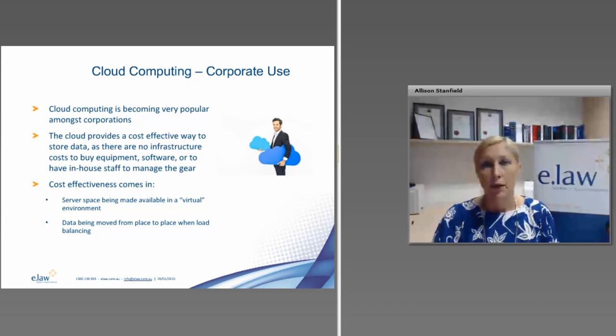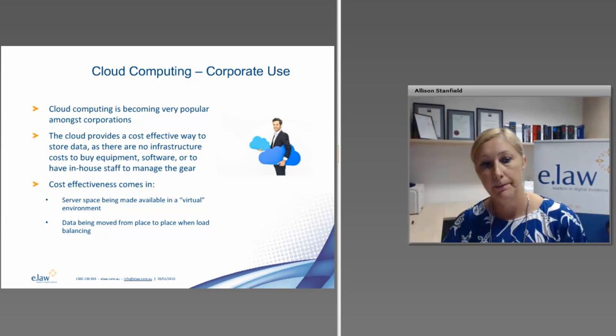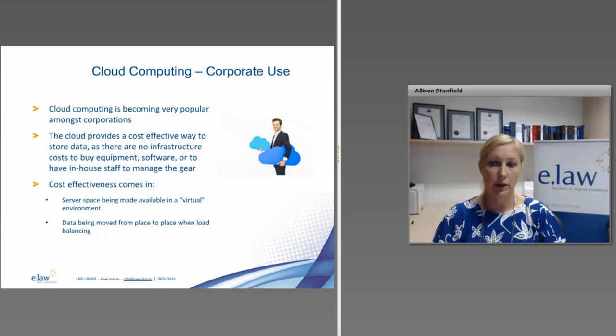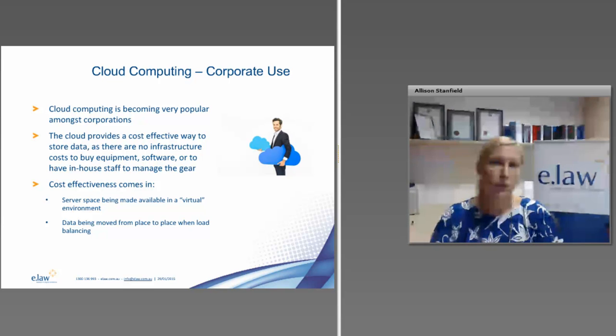So cloud computing, for those of you who are not sure what cloud computing is, essentially the way it works is that cloud vendors will buy a number of, let's say, servers, which are just large computers, for want of a better word. Now, to compare a server that's used inside an organisation, let's say that server had 2 terabytes of storage space.